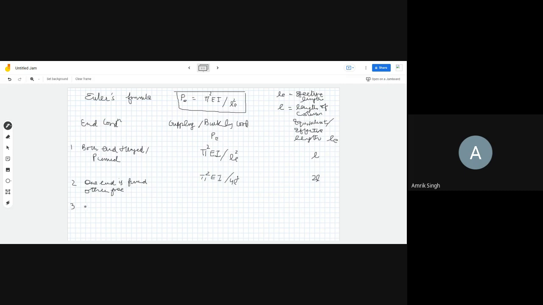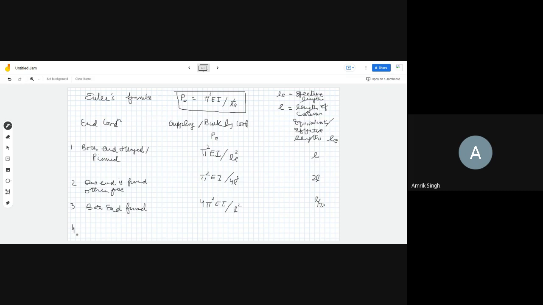Third condition is both ends fixed. In this case, it will be 4 pi square EI divided by L square. So in this case, LE is L by 2. So if you put here in the general formula LE is equal to L by 2, you will get this formula.